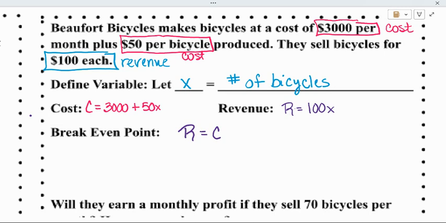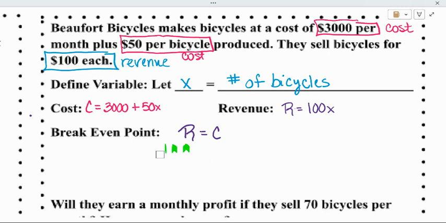What is the value of R, Avery? What expression? Good job, 100x equals, what is our cost? What's our cost?